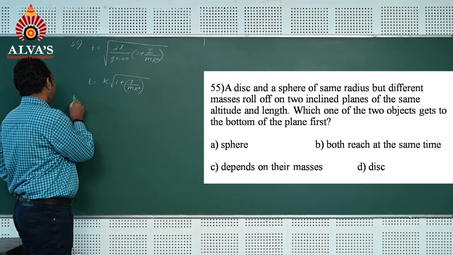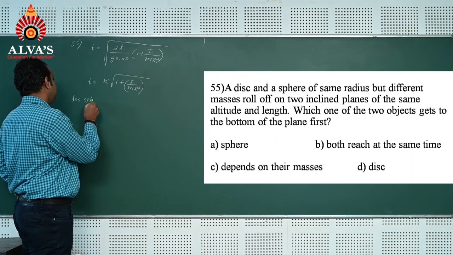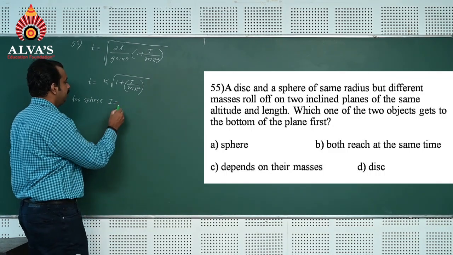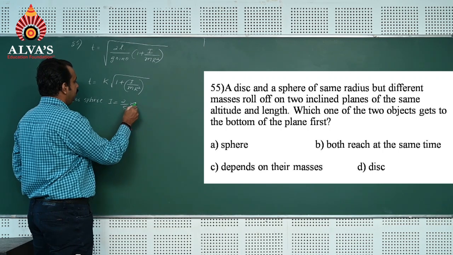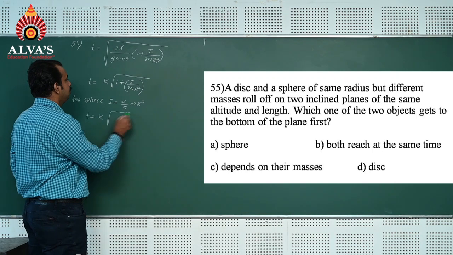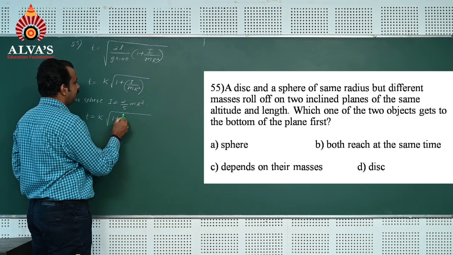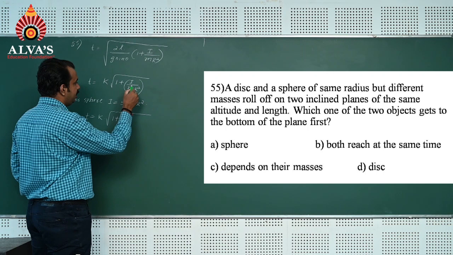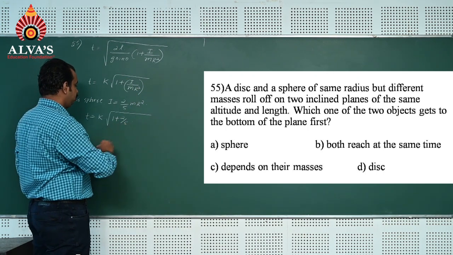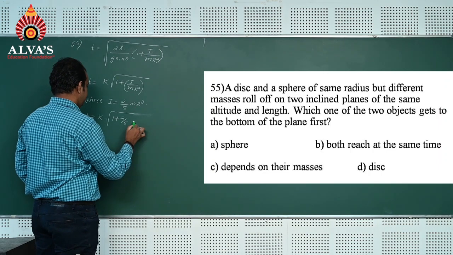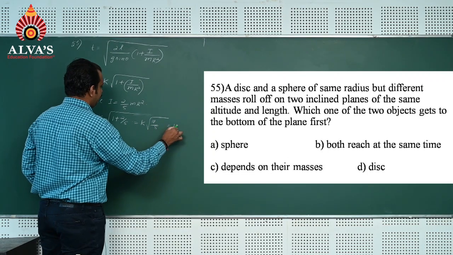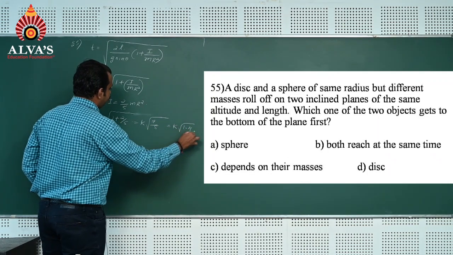Now, for sphere, moment of inertia about the diameter is 2 by 5 mr square, so T is equal to K into root of 1 plus 2 by 5 mr square by mr square. Mr square cancels, it is 2 by 5. So that is K into root of 7 by 5, which is K into root of 1.4.